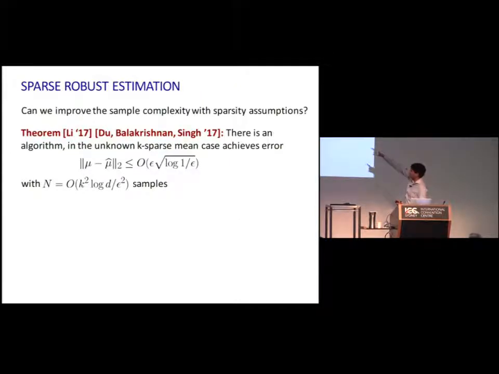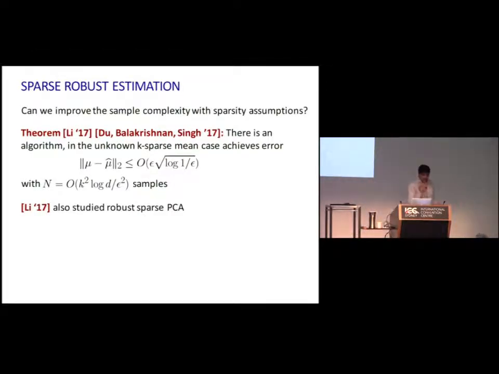You can once again get some dimension-independent robustness guarantees, epsilon times root log 1 over epsilon. But now the number of samples depends only logarithmically on d, and is now k squared, where k is the sparsity.